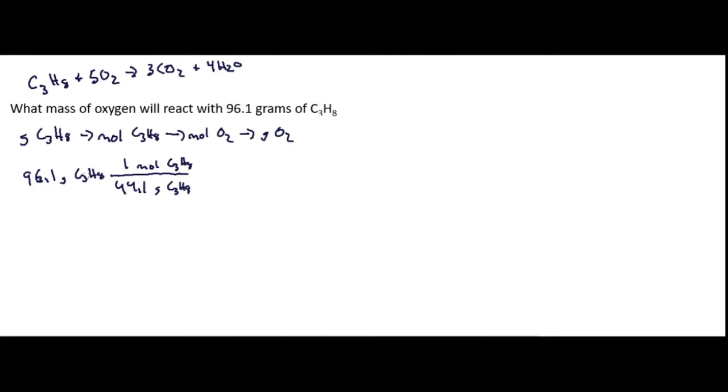So you can see that the units will cancel out of grams, leaving us with moles, which is 2.18 moles of C3H8. Now we can take that value and use it to convert to moles of O2.